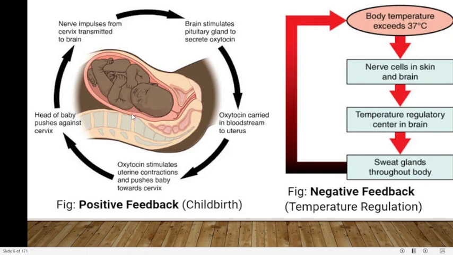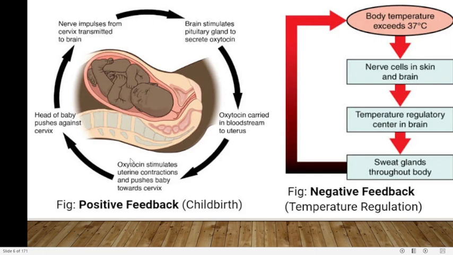So during labor and delivery, we normally have oxytocin, which stimulates contraction. Oxytocin is released, and this stimulates uterine contraction, which pushes the baby towards the cervix.